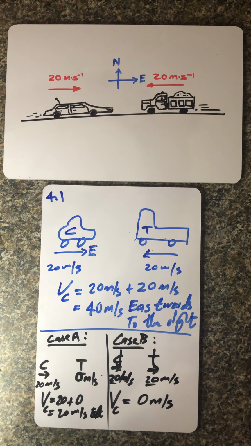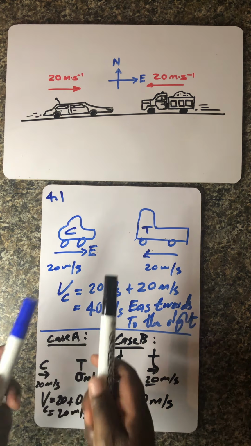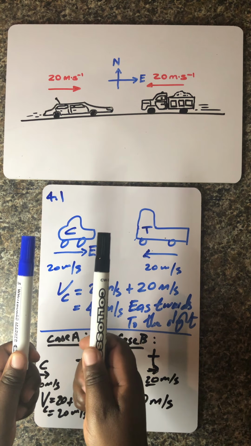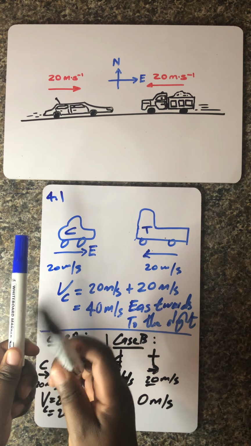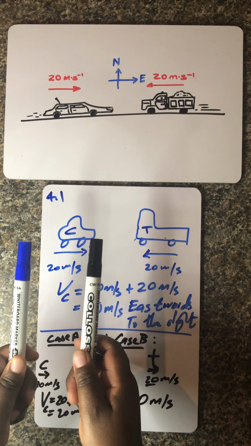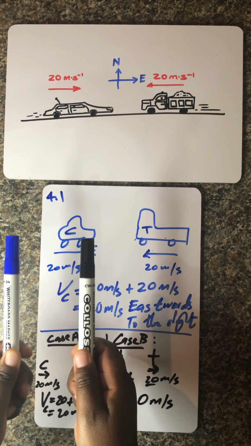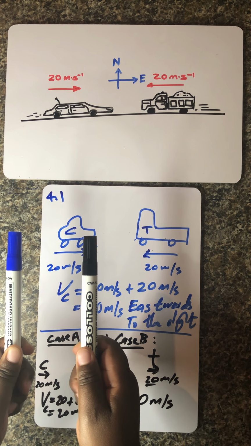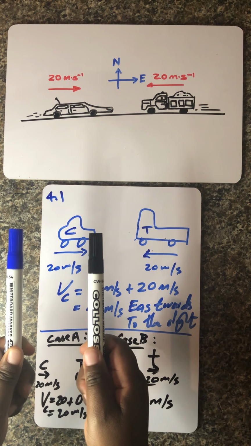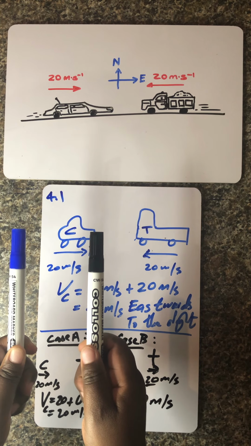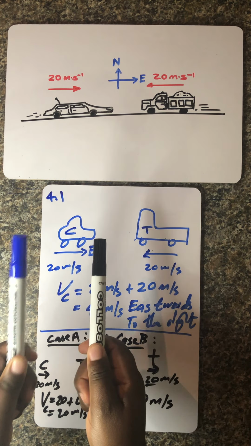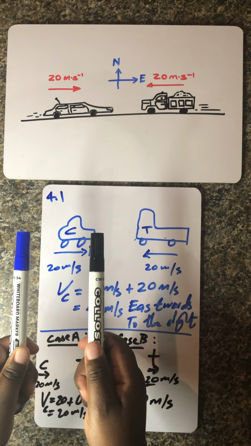Ladies and gentlemen, let me just try to repeat it for the last time. I hope when I did it the first time, I said this is the truck and this is the car. In this case, they're both traveling at 20 meters per second in the same direction.